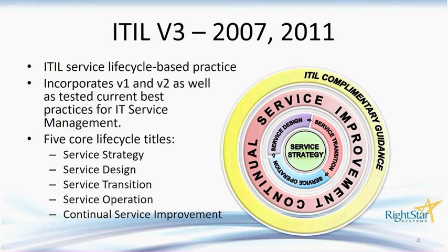That's where, as I mentioned, it's the live environment, the production environment, and the output from service operation is reporting. So we have reports that we provide to be sure that we are measuring the appropriate key performance indicators. That's another term that you'll hear often when we're talking about ITIL.